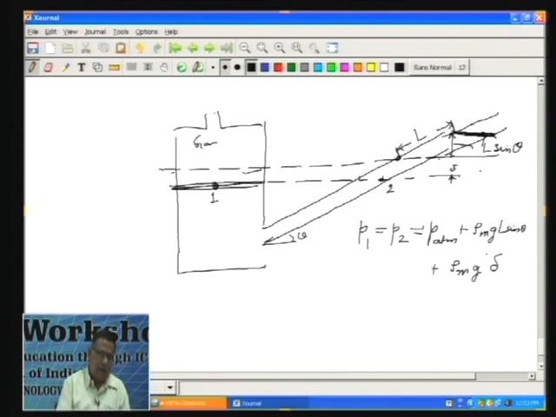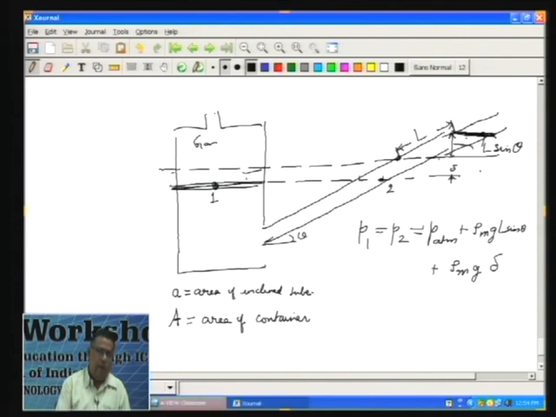Now, let us say the small a is the area of the inclined tube and capital A is the area of this container. Now, the volume of liquid which goes down over here will be equal to the volume of liquid which is going up over here.